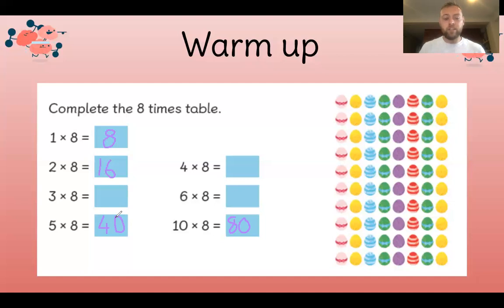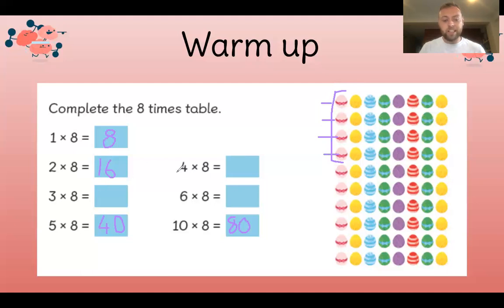So let's see if we can use this idea of doubling to work out 4 times 8. Or if we want to, this is 1 lot of 8, 2 lots of 8, 3 lots of 8, 4 lots of 8. We can use our array system to help us work it out. But if I know 2 times 8, I'm going to double my answer of 16, because 4 is double 2.